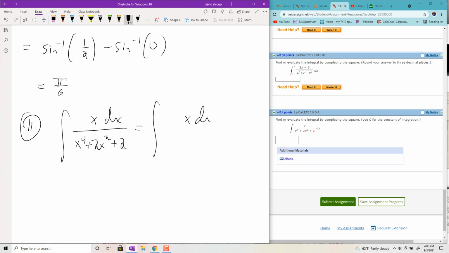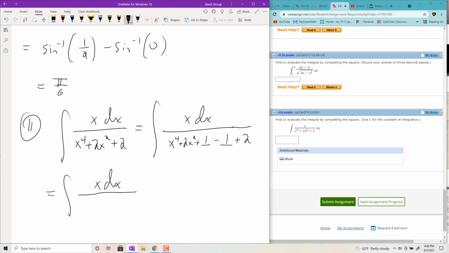So I got x dx all over x to the 4th plus 2x squared plus blank minus blank plus 2. 2 all over 2 squared is 1, so minus 1 plus 2. If it doesn't work, we could just try something else. No big deal.